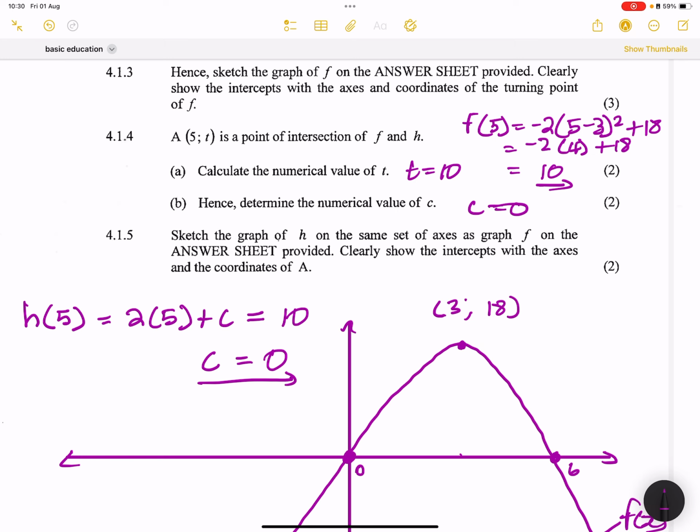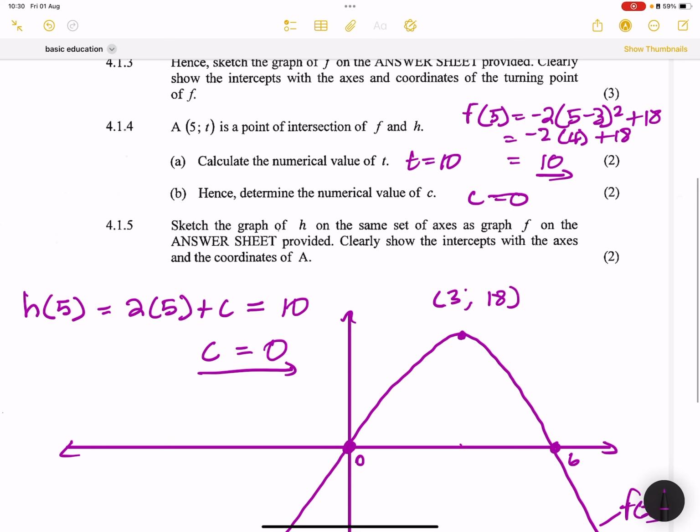Now, let's find the next point. They say to us, sketch the graph of h on the same set of axes on the answer sheet provided. Clearly show the intercepts with the axes and the coordinates of A. Firstly, it looks like the y-intercept of this graph is simply going to be at 0. In fact, let me use a different color.